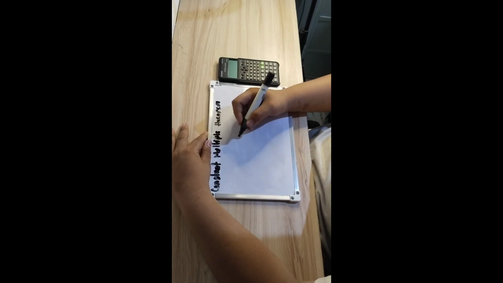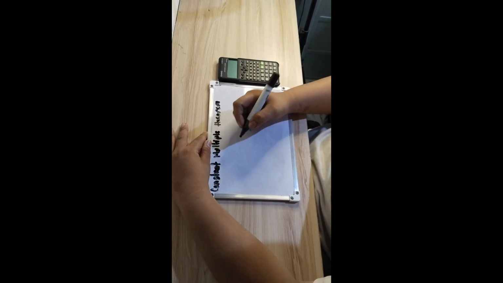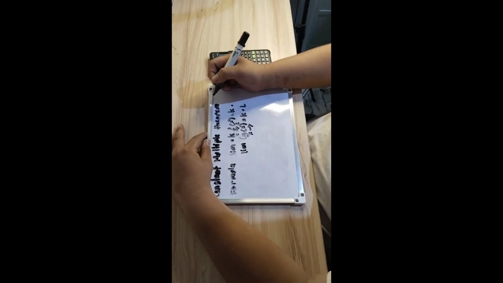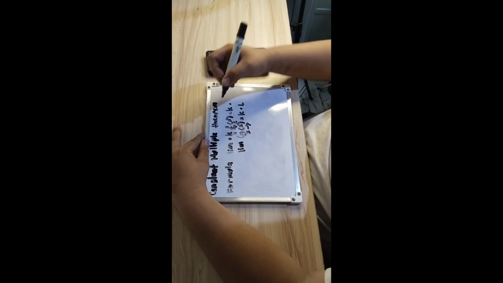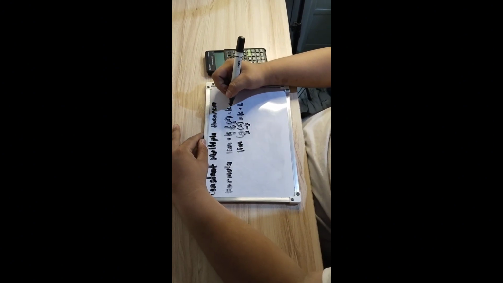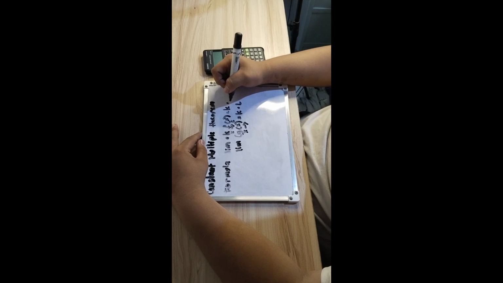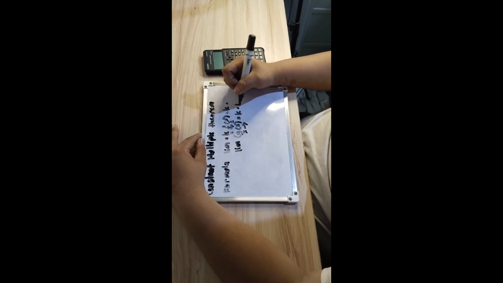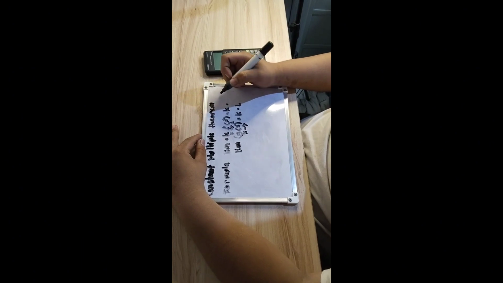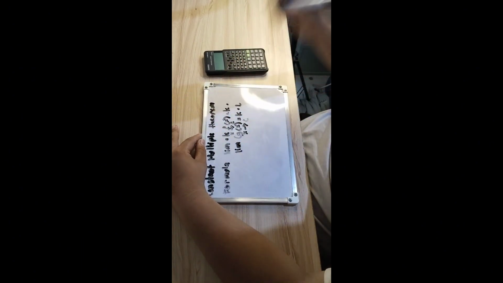The limit of g of x is equal to M as x approaches c. Our formula for constant multiple theorem: the limit of k times f of x equals k multiplied by the limit of f of x, which is equal to k multiplied by L when x approaches c.